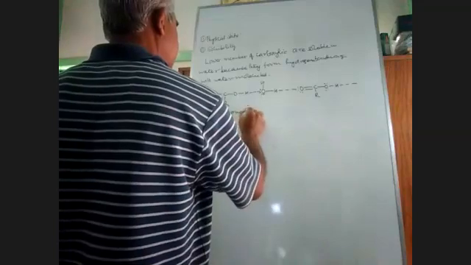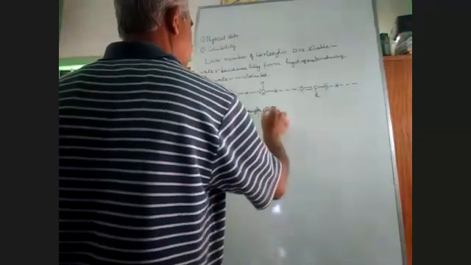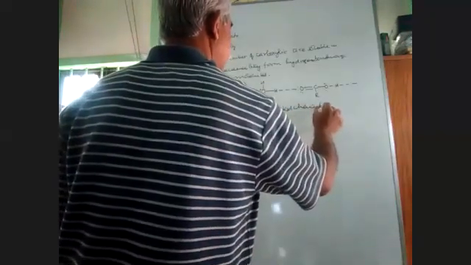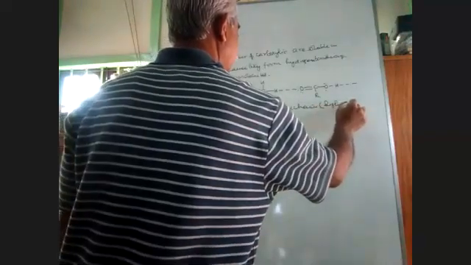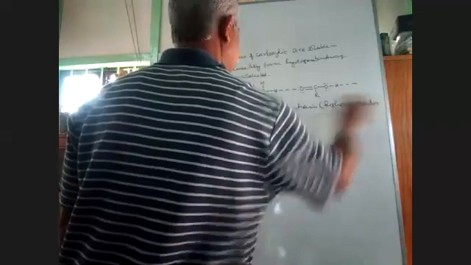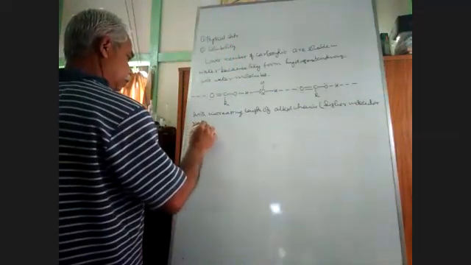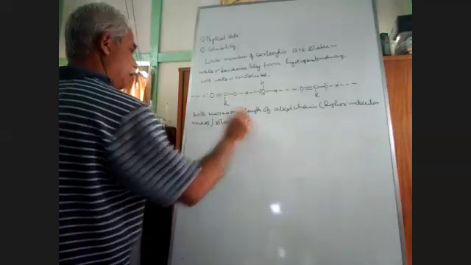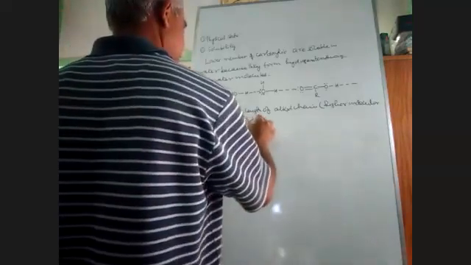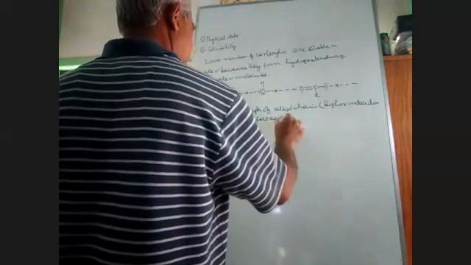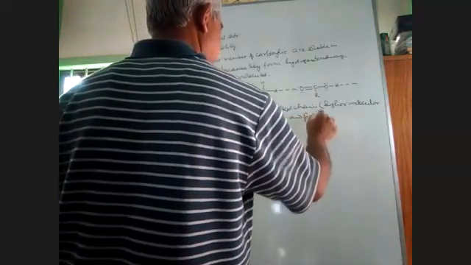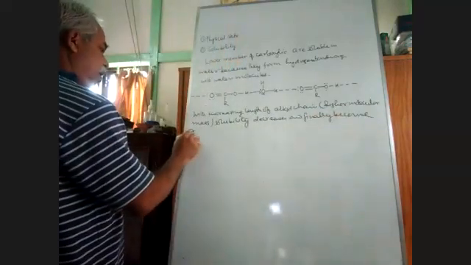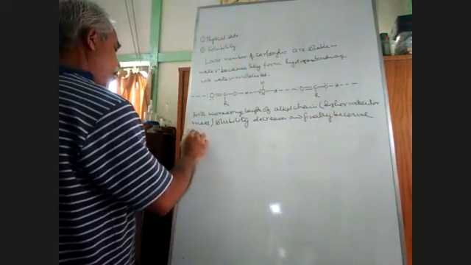With increasing length of the alkyl chain means higher molecular mass, solubility decreases and finally they become insoluble.